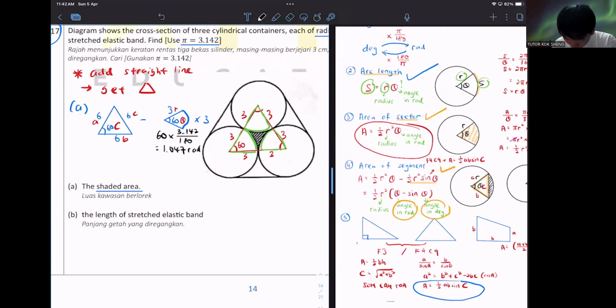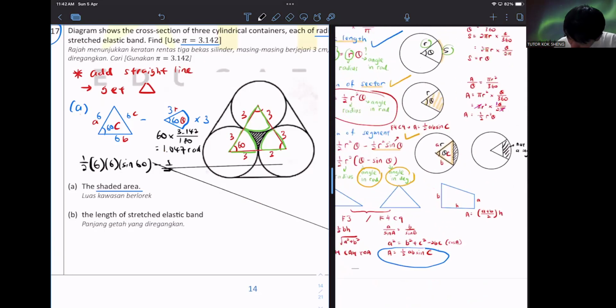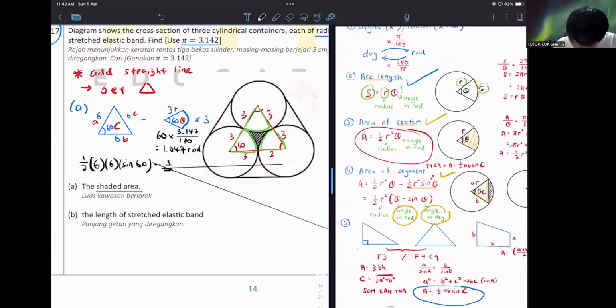So let's go, we can find the area now. Triangle: 1 over 2 AB sine C, minus the sector, 1 over 2 r squared theta, then times 3.